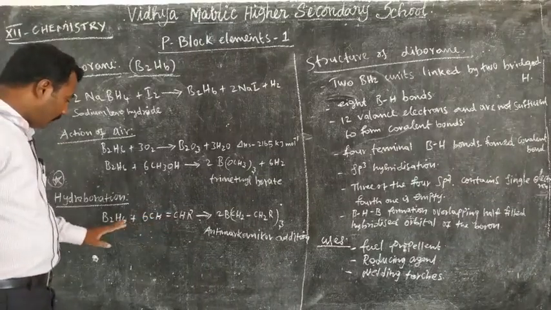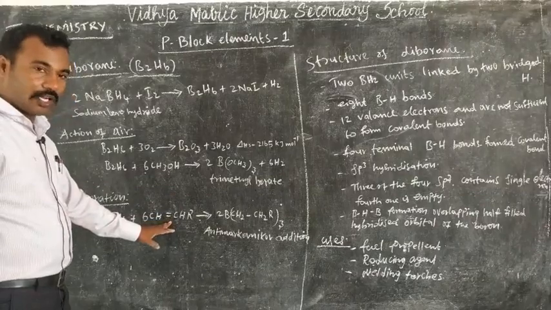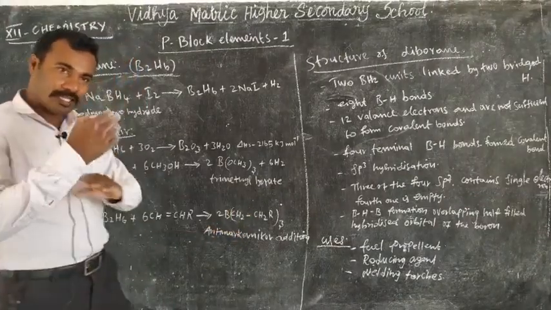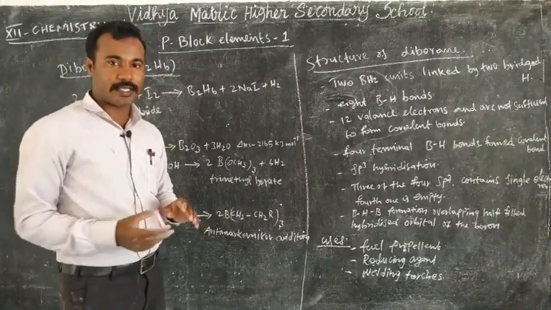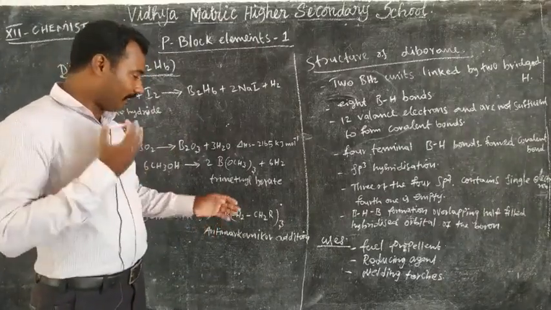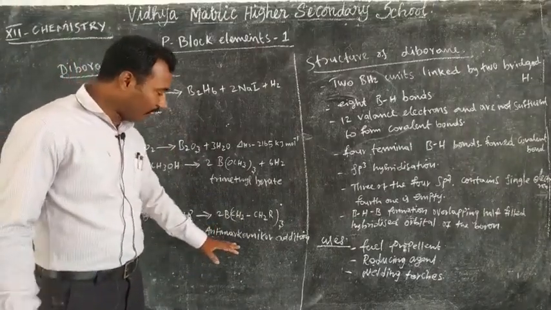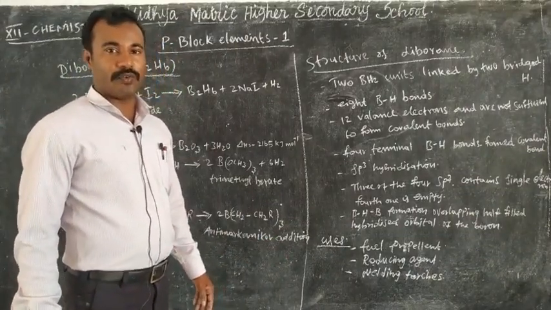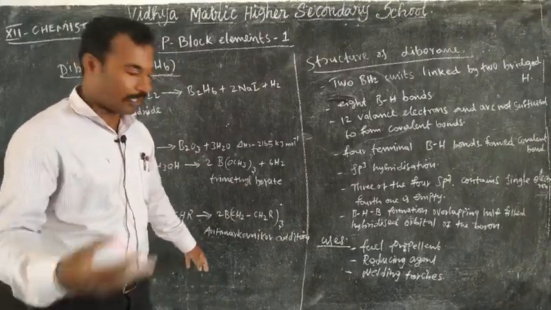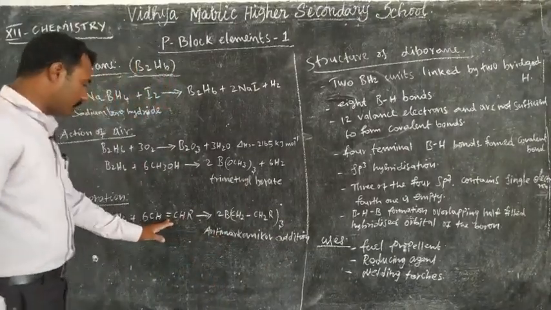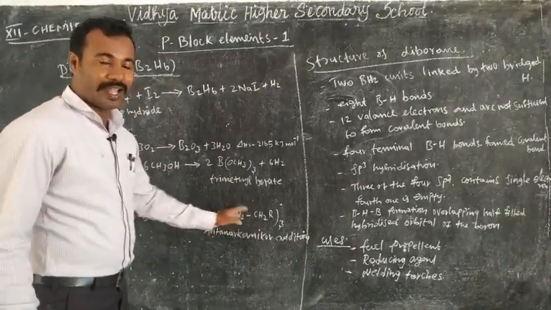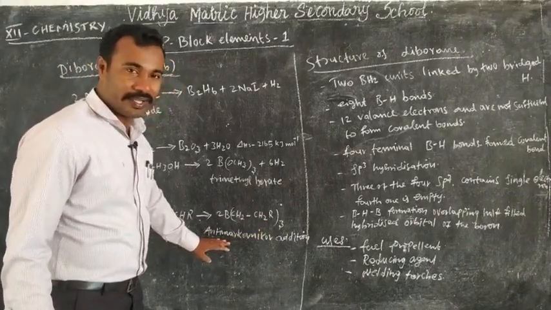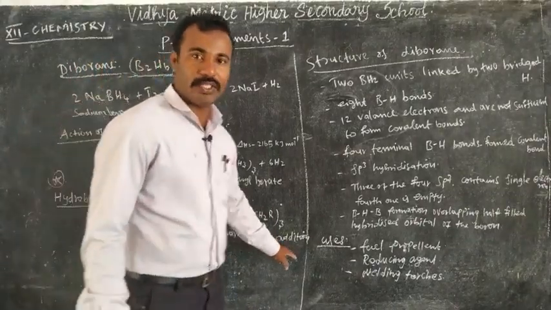Diborane reacts with unsaturated alkene to form a saturated compound, unsaturated to saturated. This reaction follows anti-Markovnikov addition. We studied the Markovnikov rule in 11th, and it is based on that. The double bond changes to a single bond, unsaturated to saturated compound. That reaction is based on anti-Markovnikov addition.